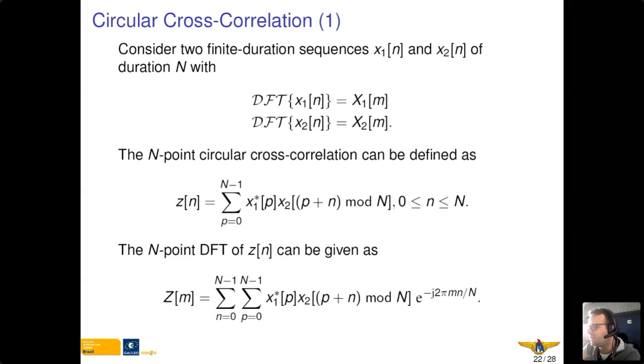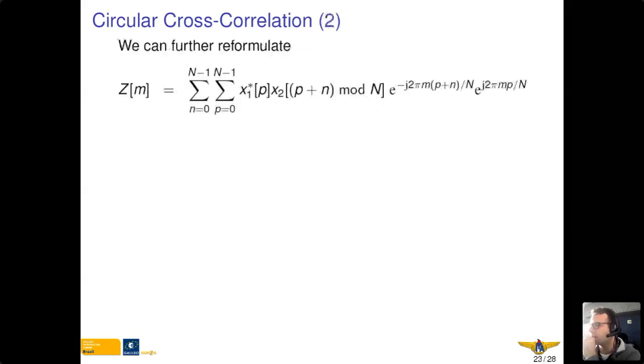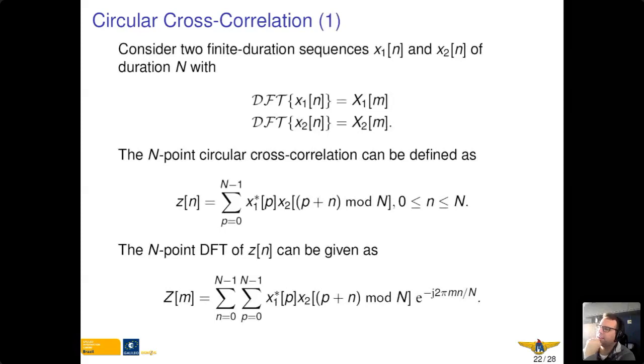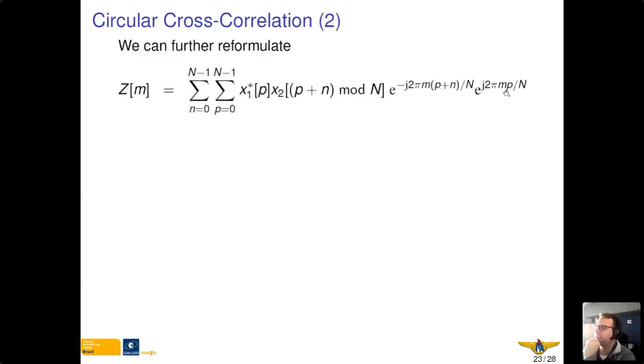How can we reformulate this cross correlation? So we can further reformulate. As you can see here, on the right hand side, we can split that up.